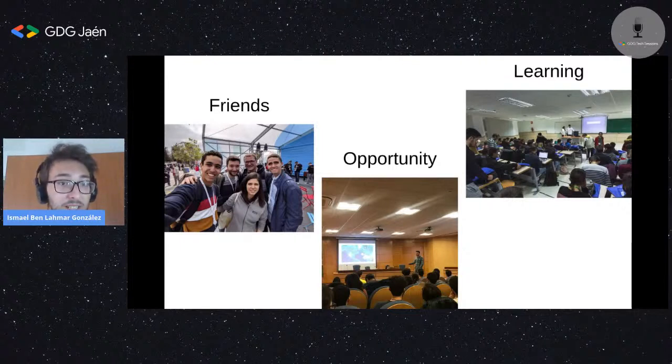Here we can see friends I made. Here we can see Abdallah, who's going to give the talk, and I hope you enjoy it so much. Manuel, who is also from GDG Jaén, in the first picture at the left. Tarek, who is from a section of GDG Germany. I think it's from Bayern. It's from Munich.